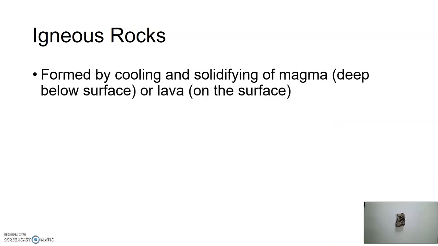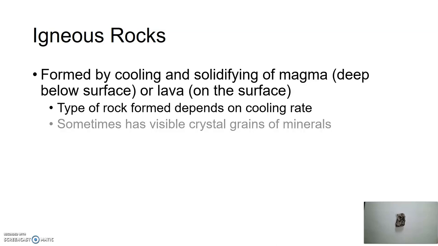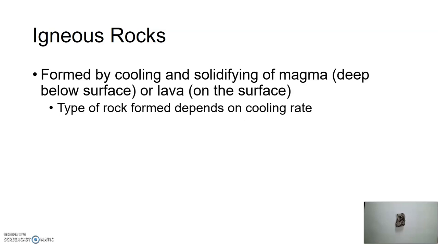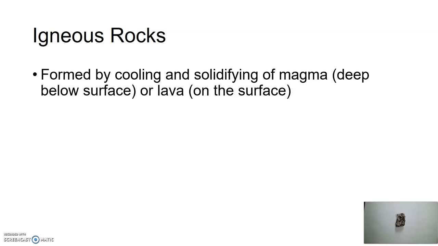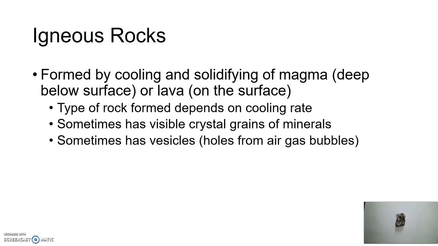Igneous rocks are formed by cooling and solidifying magma deep below the surface or lava on the surface. The type of rock formed depends on the cooling rate. Magma below ground will cool very slowly. Lava above ground will cool very quickly. So how fast or slow igneous rock cools will determine the size of the mineral grains in an igneous rock.